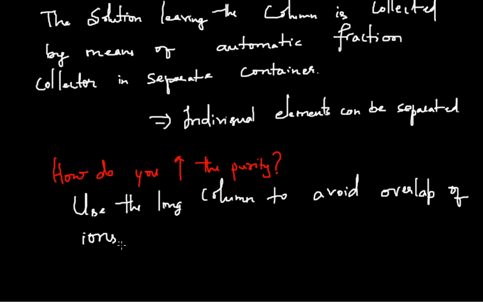This is how you increase the purity; you distinctively separate one lanthanide from another. There is no overlap of ions here.